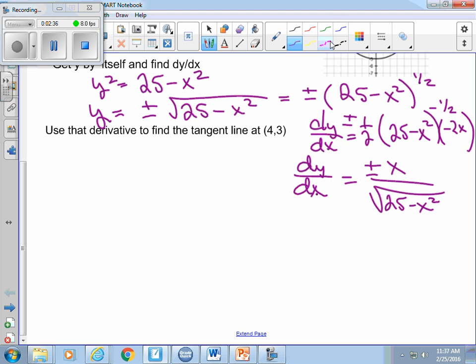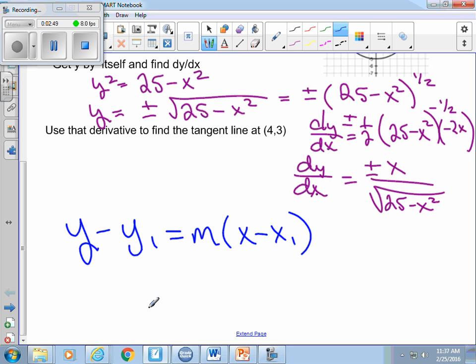Okay, the tangent line. Remind me how you write a tangent line. How do you write a line in general? Okay, do I have an x and y? Yes. Okay. I have a slope. Do I have a slope at 3? Or could I find one? How would you find it?